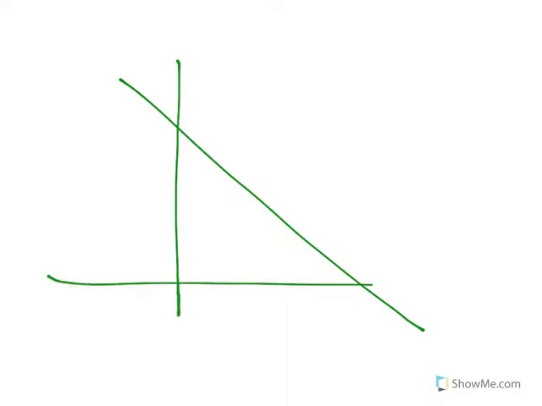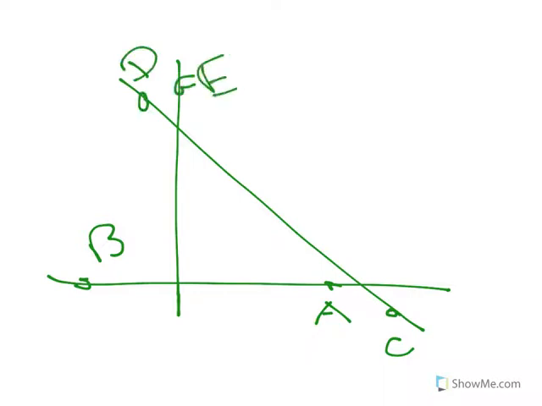The other thing they're going to do is make a design, put a bunch of endpoints, and label it. So we've got E and we've got F. And then they say, okay, give me an acute angle.